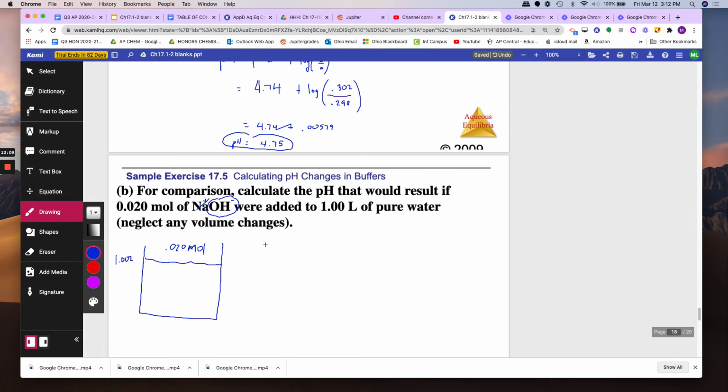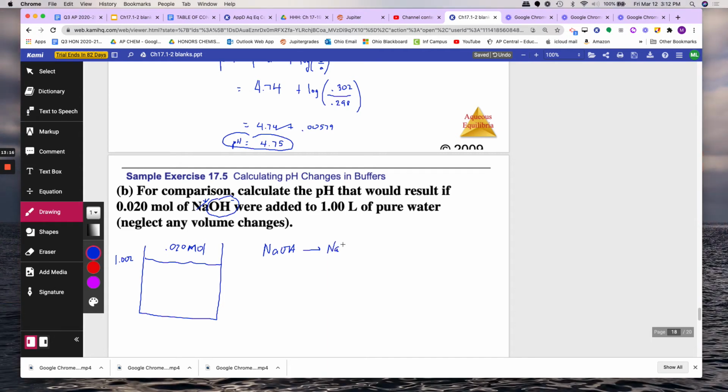Well, if you have NaOH, you're going to have 100% dissociation, right? So all you have is 0.020 moles for every 1 liter, which is molarity. So that's your molarity of that, 0.020 molar. To get the pH of that, you're going to do negative log of 0.020.